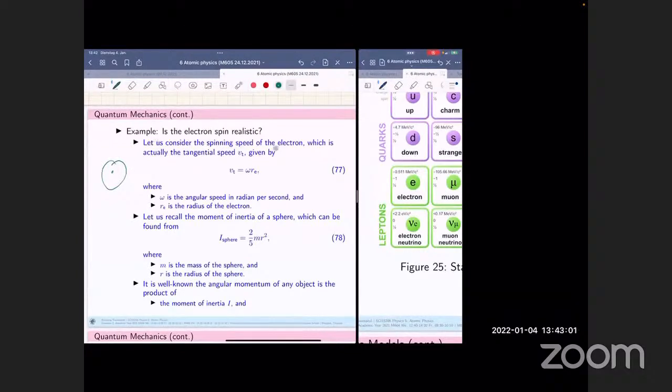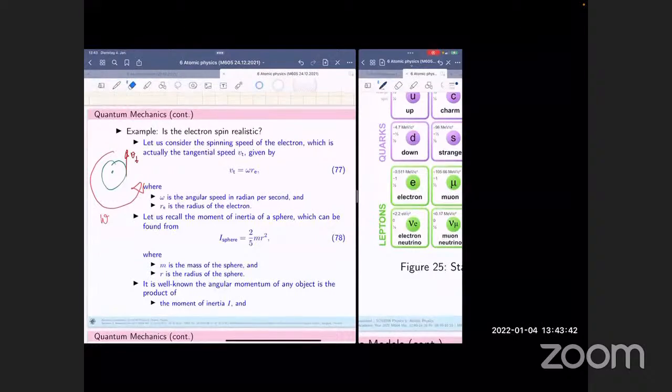And let's consider the spinning speed of the electron, which is actually the tangential speed. Any object that rotates around itself has a tangential speed, the speed at the surface of that ball or object. Assume we have the rotational speed, which is omega. That's the angular velocity.